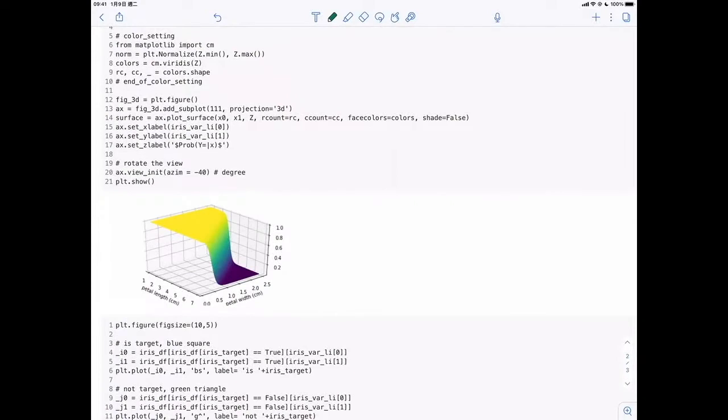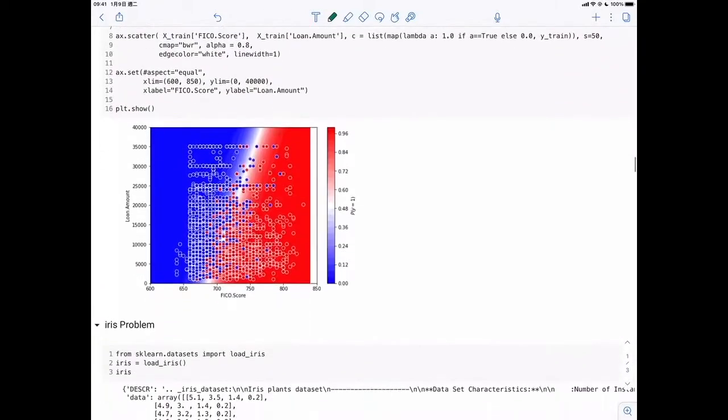It is a surface like a z shape, but it has two dimensions. One axis is one feature, the other is another feature. The blue means it is close to probability 0. The red means it is close to probability 1. So basically it is a z shape.